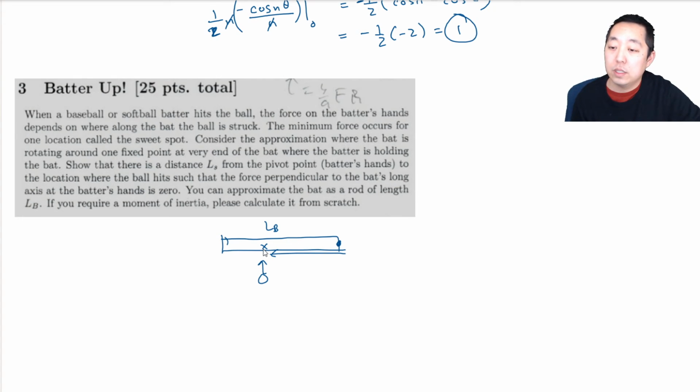We need to find this ls, the location such that the force perpendicular to the bat's long axis at the batter's hands is 0. They want to show that the force here is only 0. The bat pivots about one fixed point at the very end, where the batter is holding it.